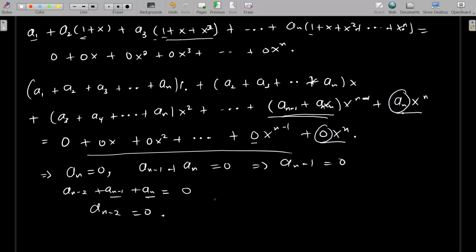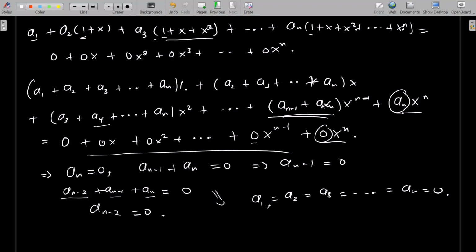Continuing like this, you're going to come all the way to the point where you get a1 to be the same as a2 to be the same as a3 to be the same as a sub n to be equal to 0 using the same argument, because you'll be reducing it by 1. So from here you reduce it to a sub n minus 3, and you realize that a sub n minus 3 is 0, all the way to the point where you get to a sub 4 will be 0, a sub 3 will be 0, a sub 2, so every one of them is 0.